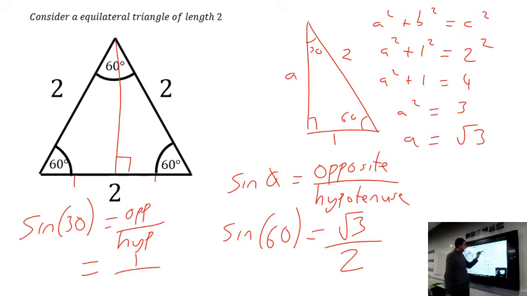Hypotenuse is the longest side, so it's 2. So when you type in sine 30 in your calculator, a quicker way is using this special triangle. And so sine 30 is equal to a half. Have a go at trying to find tan 30, tan 60, and also cosine 30 and cosine 60.